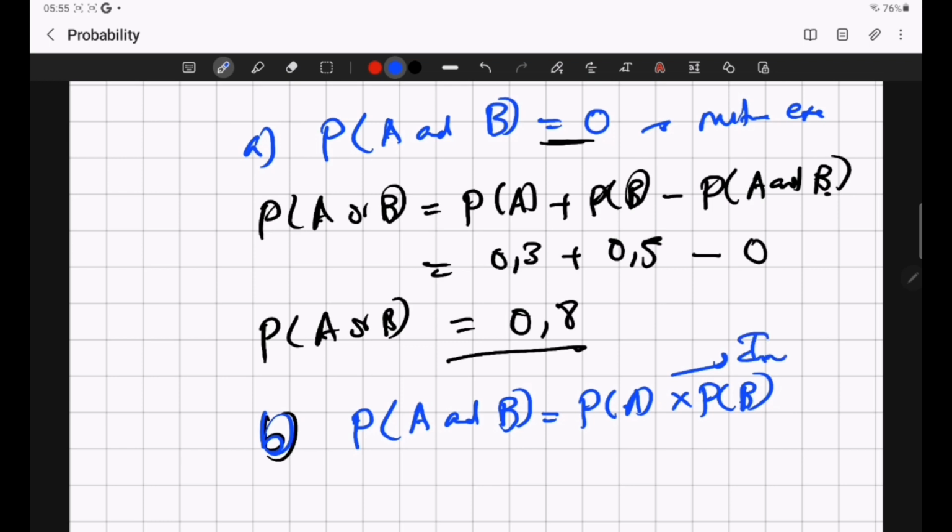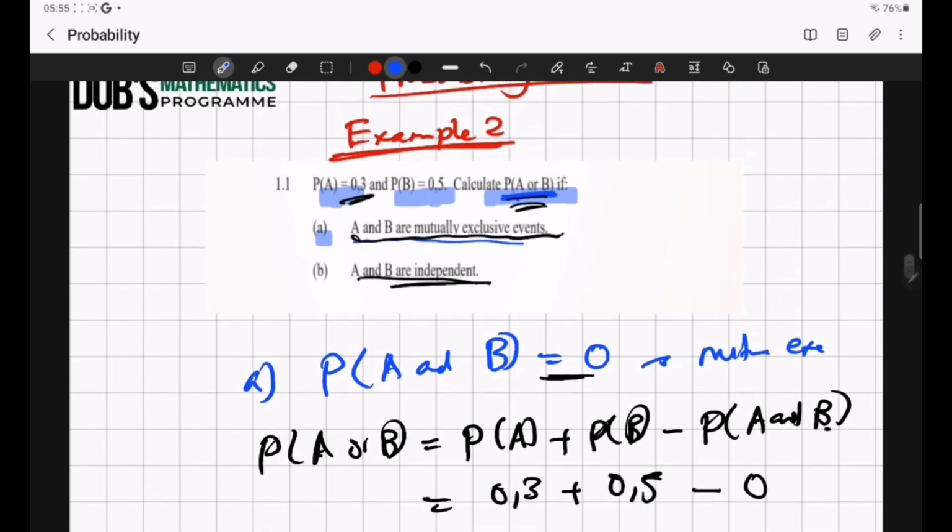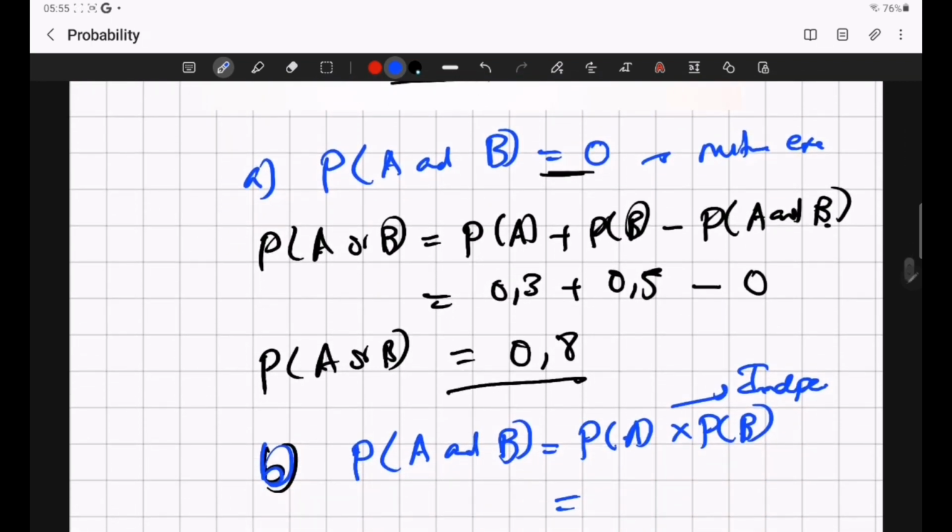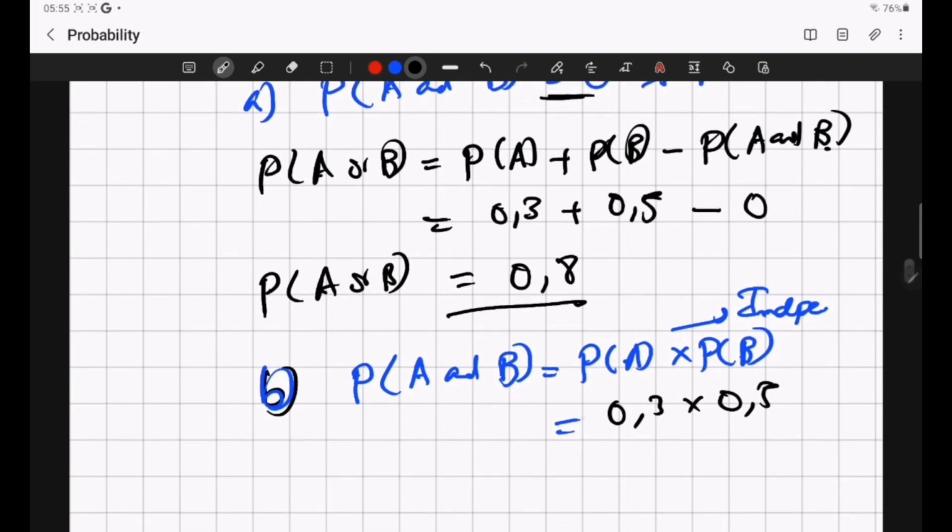Because they are independent. Probability of A was 0.3, probability of B is 0.5. So 0.3 times 0.5 gives us 0.15 as the probability of A and B.